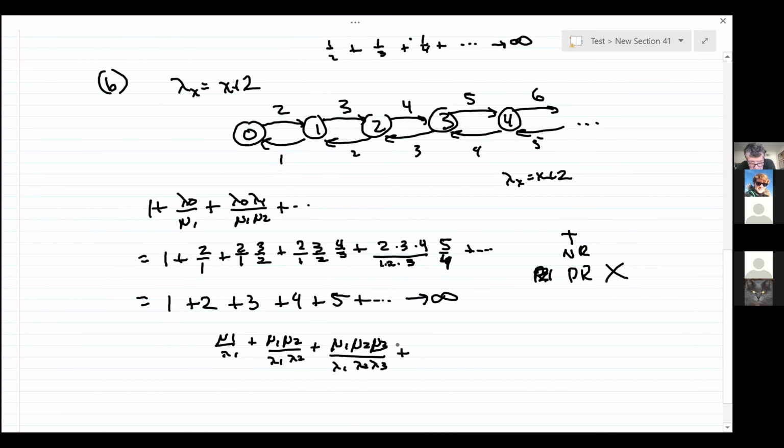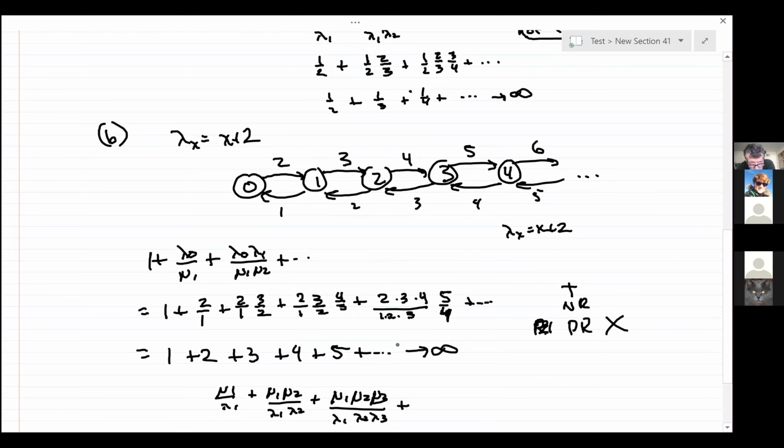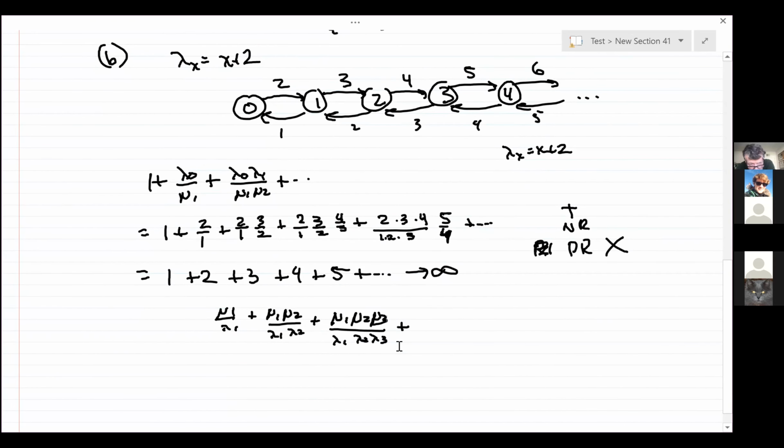Okay, so U1 is 1, lambda 1 is 3. So this is 1/3.